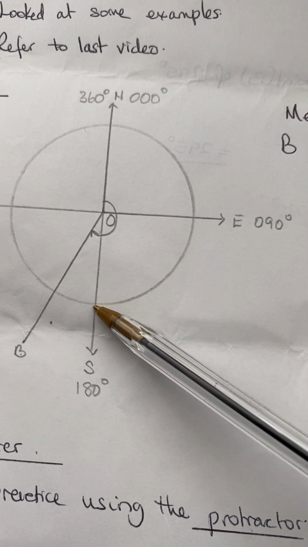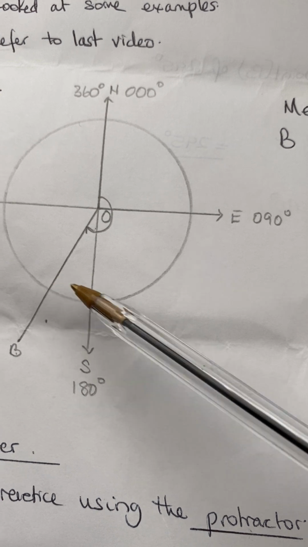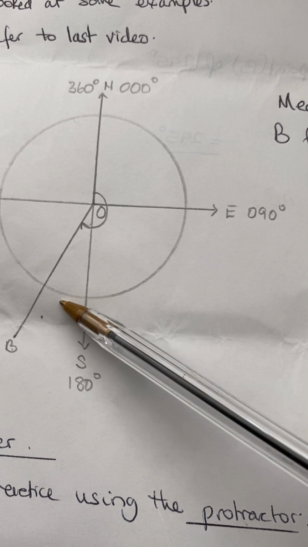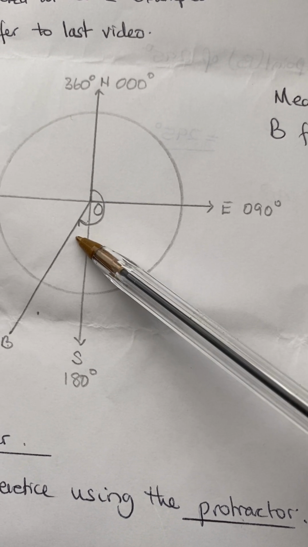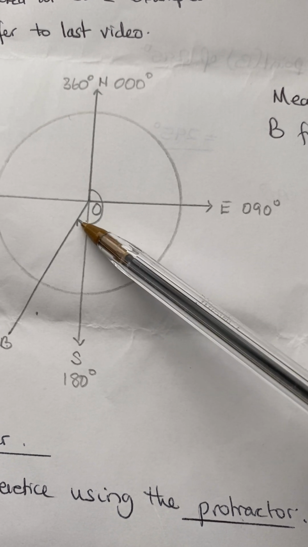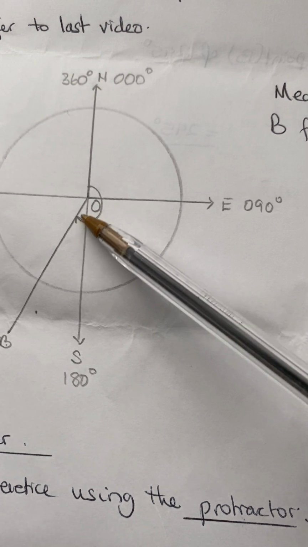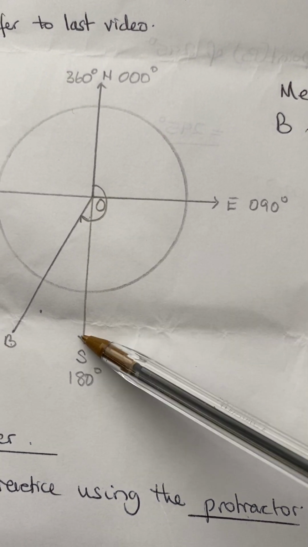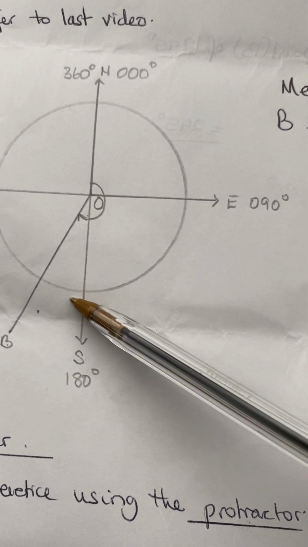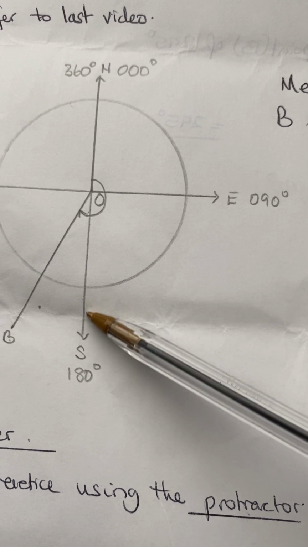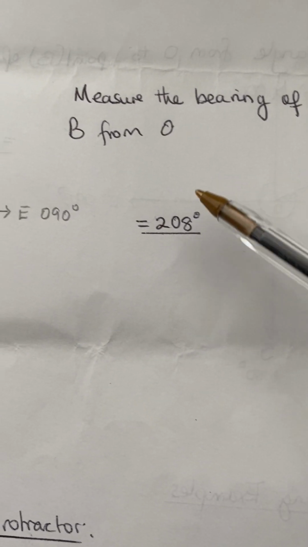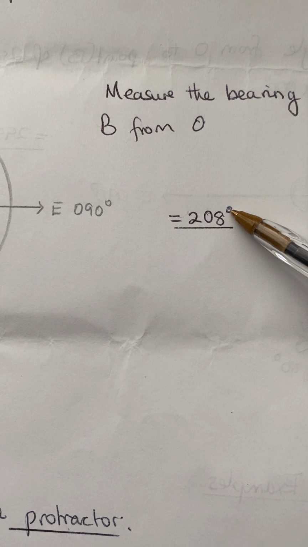This is about 28 degrees, so if you measure 28 degrees and add it to your 180, you have 208.